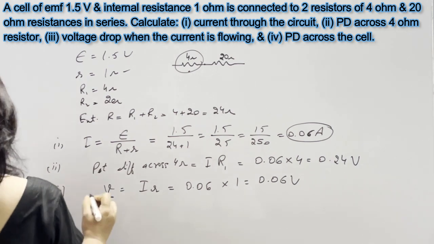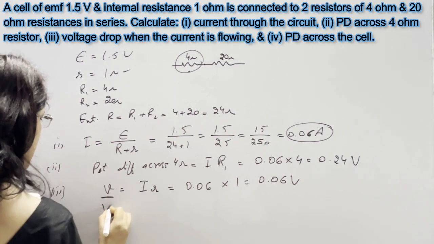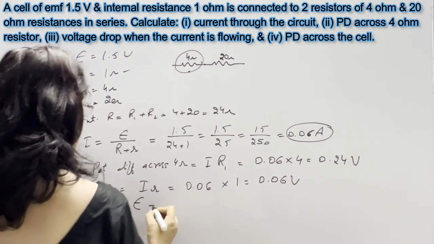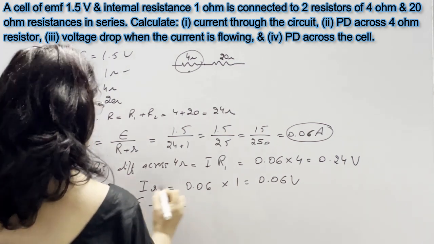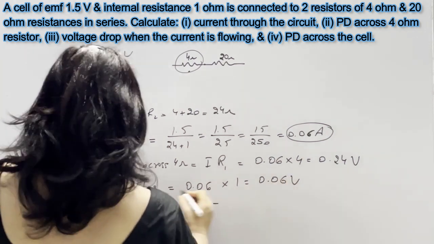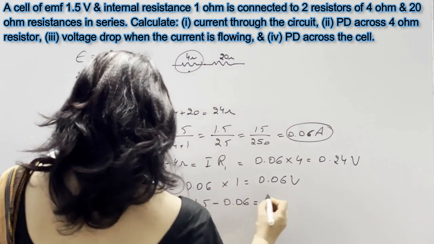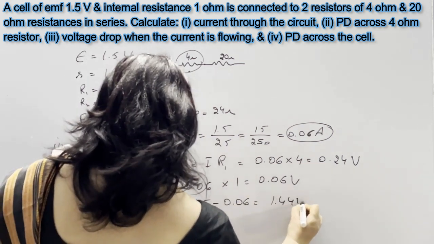Now fourth part, potential difference across the cell. Now potential difference across the cell, V is equal to EMF minus small v. Now EMF is 1.5 minus small v, which is current into this, we have just calculated 0.06. It means this is 1.44 volt.